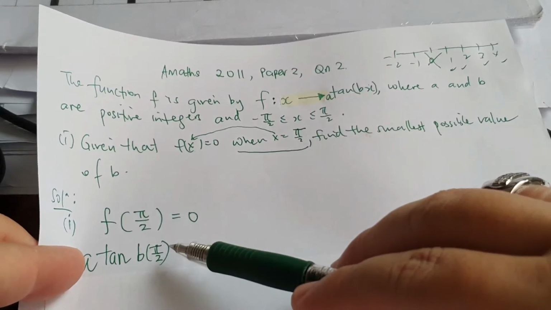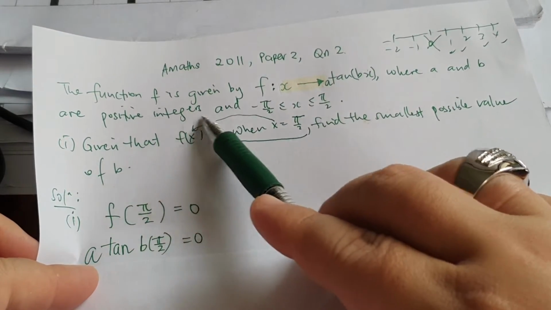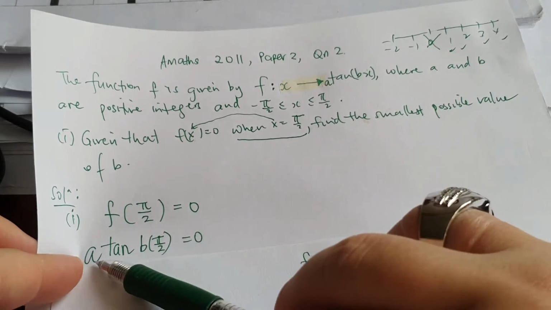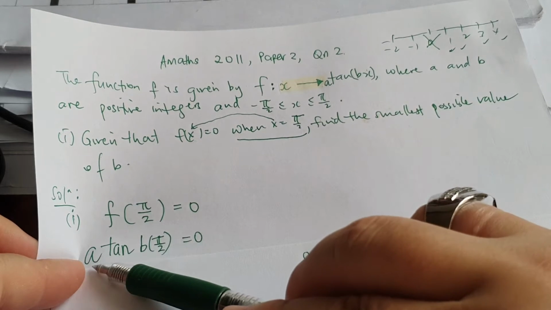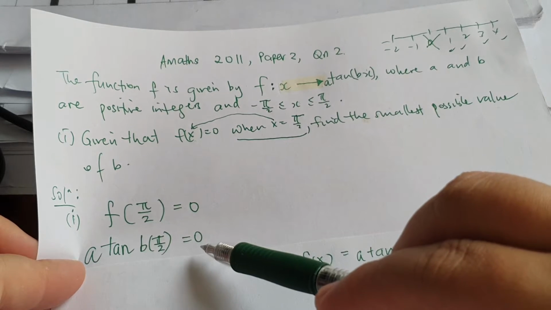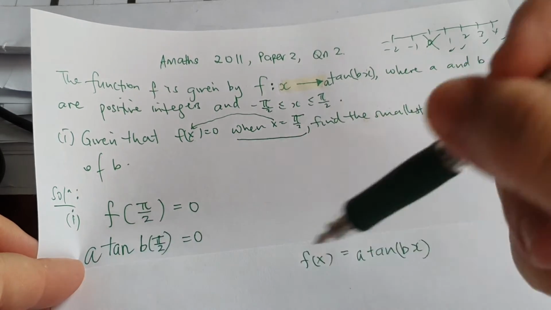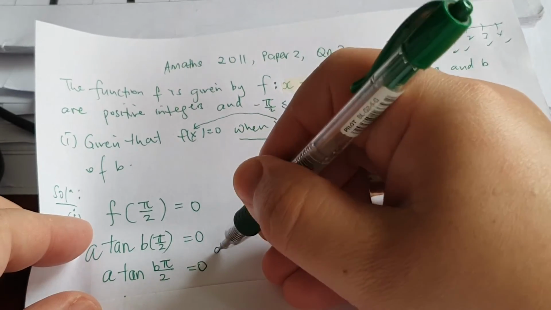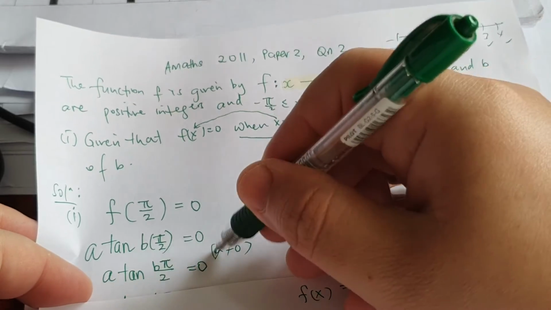Now they told us that a and b are positive integers. So a cannot be 0, b cannot be 0. That means you can divide both sides by a. Because if a is 0, then you cannot divide by a, because you cannot divide by 0. But because a is not equal to 0, you can. I haven't done it yet, sorry.